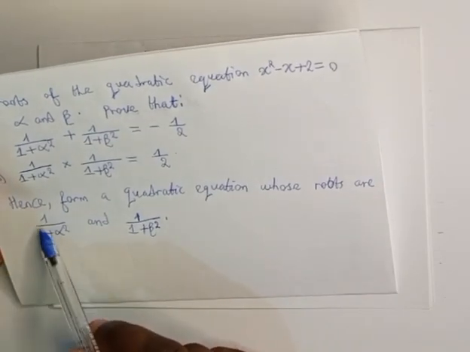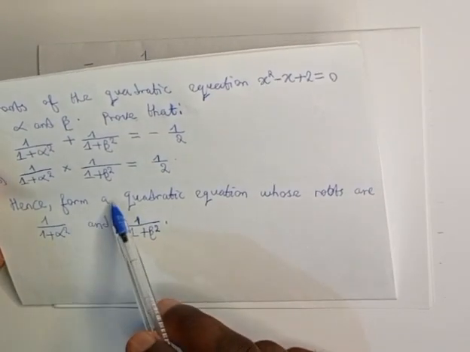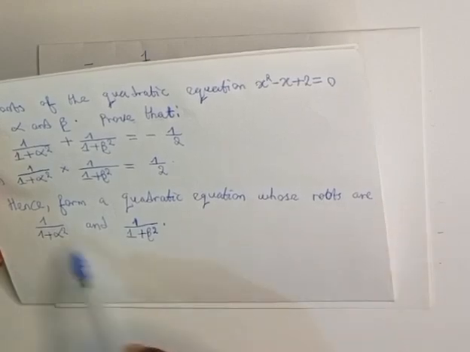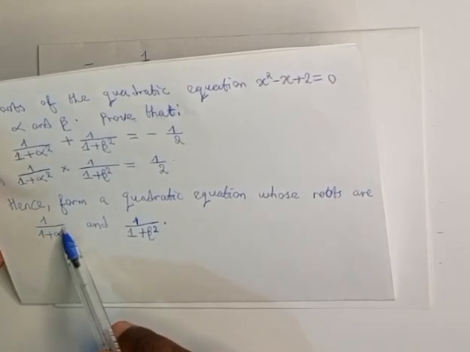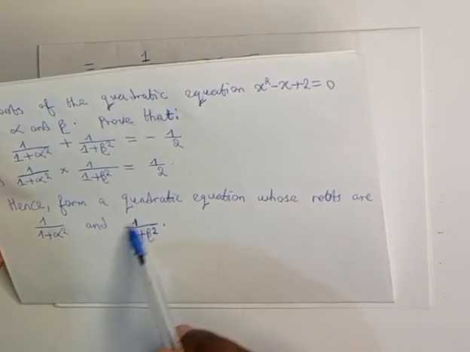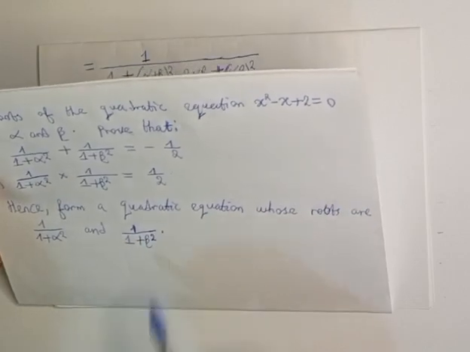The next part of the question is asking us to form a quadratic equation whose roots are 1 all over 1 plus alpha squared and 1 all over 1 plus beta squared.